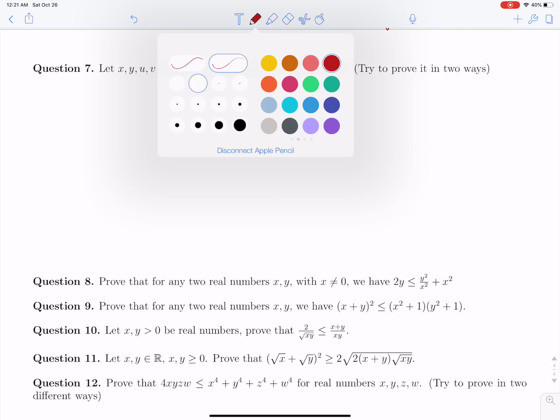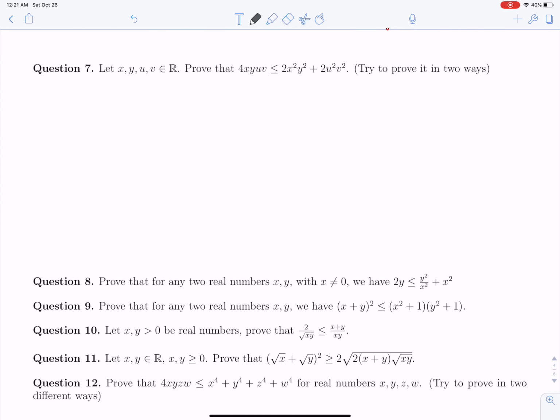Why is that again? Well, you see here, we have multiplication. So this could be our potential triangle. This could be our potential square.